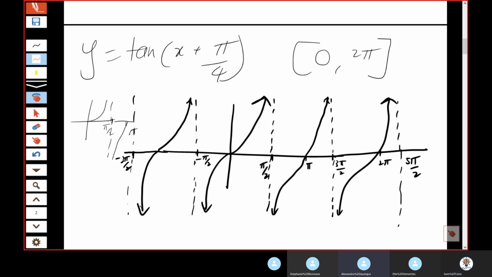Well, technically we have to shift it to the left, right? Technically, you're going to shift your graph to the left, but instead of doing that, we can shift the axis to the right 45 degrees. So if I shift the axis to the right 45 degrees, my new axis is there.